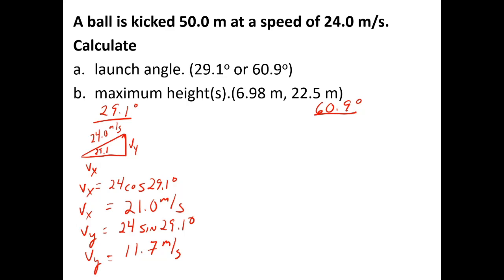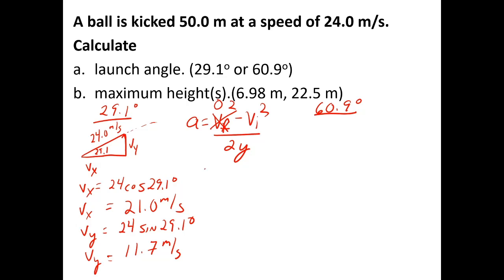Now to get the maximum height, well, we'll use the time independent equation: V final squared minus V initial squared all over 2a. A nice thing here is, we're thinking about this ball going to the maximum height. At the tippy top, at the peak, V final will be 0.